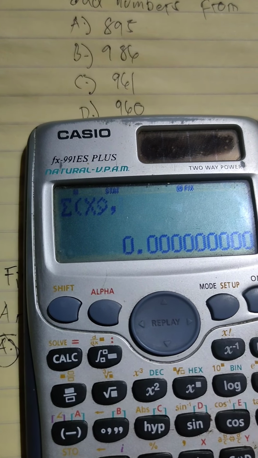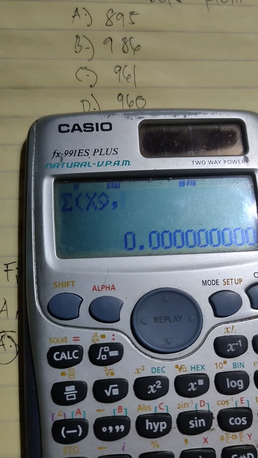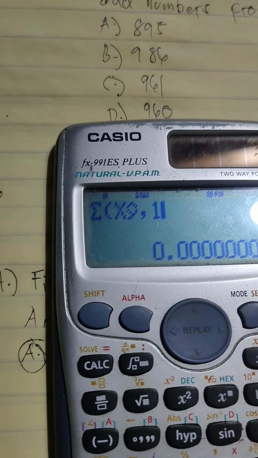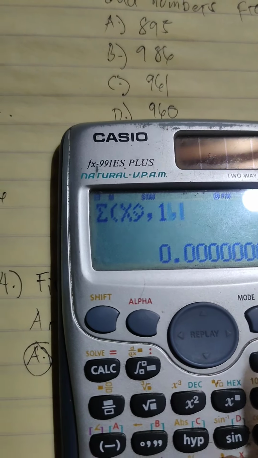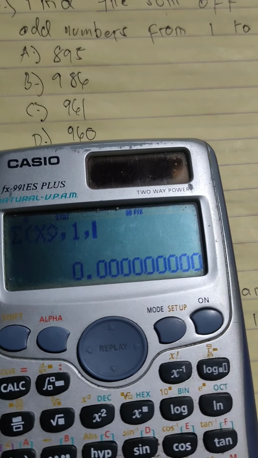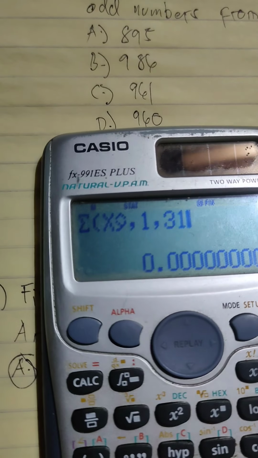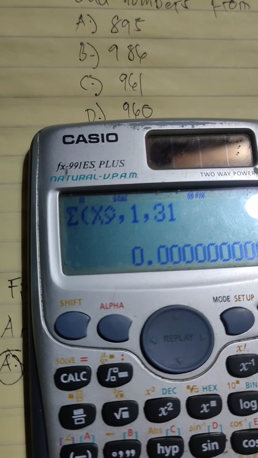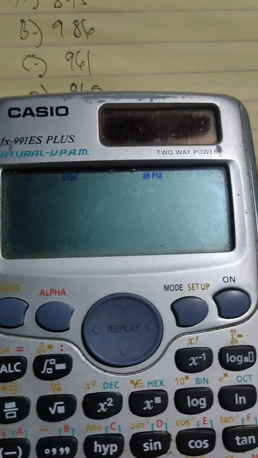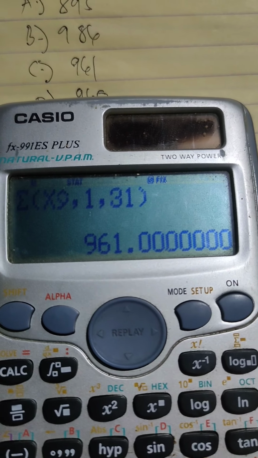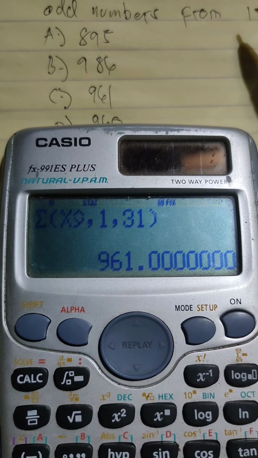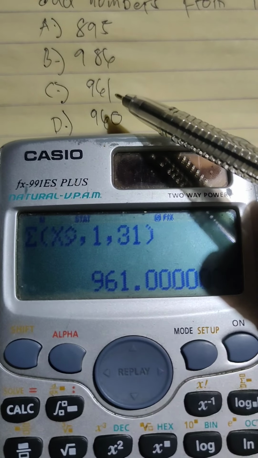So the first, we will add the 1, which is the first position, Shift comma, and the position of the number 61, which we solved earlier, 31. Then parenthesis, equals 961. So the sum of all the odd numbers from 1 to 61 is 961, which is letter C.